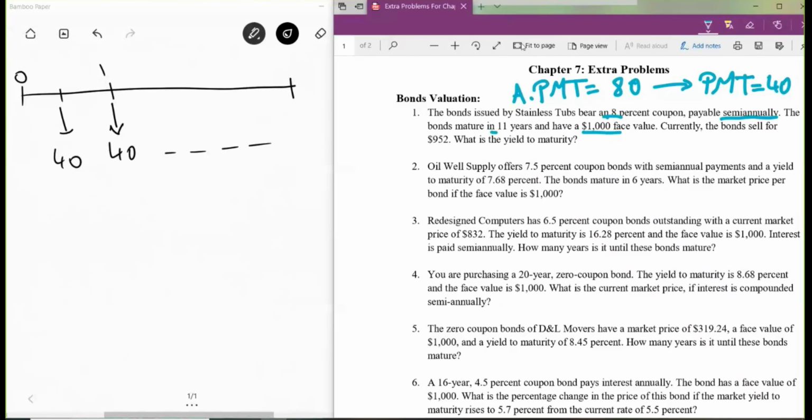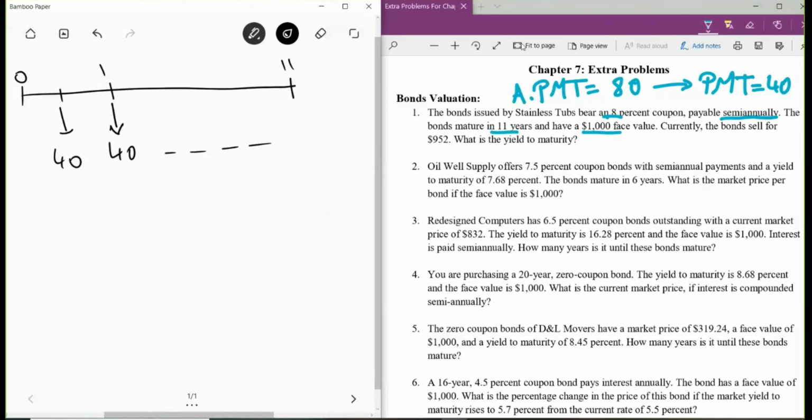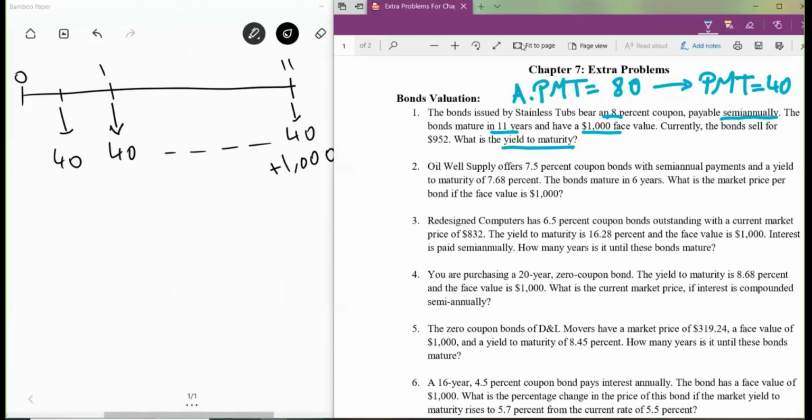till maturity, year 11. I will have my final payment of $40 in addition to the face value of the bond, the 1,000. Now I need to find the yield to maturity given a price of the bond of 952.